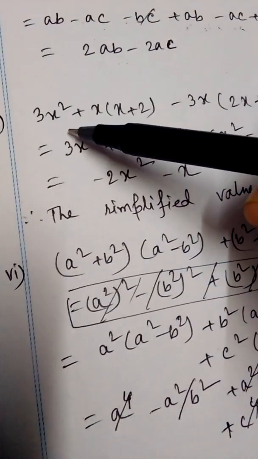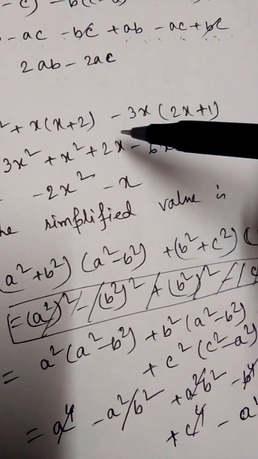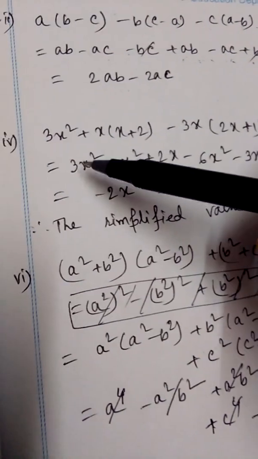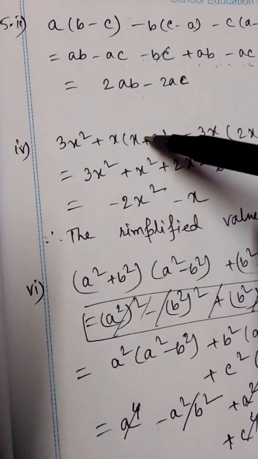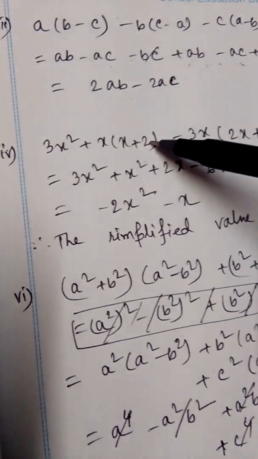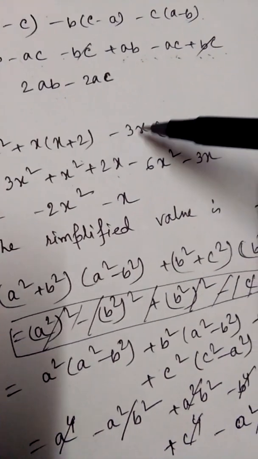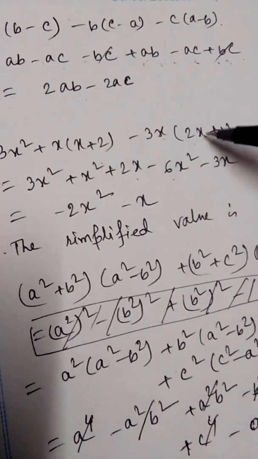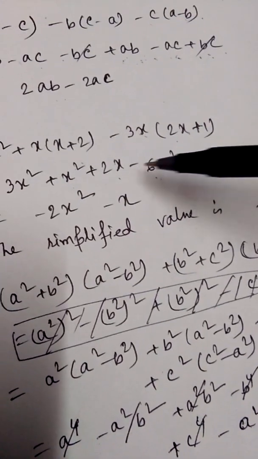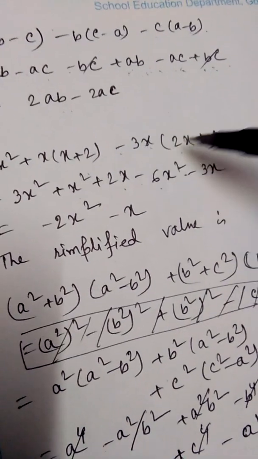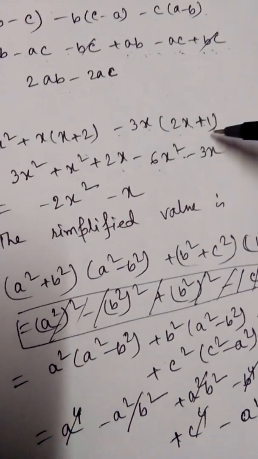Then problem number 4: 3x square plus x into x plus 2 minus 3x into 2x plus 1, equal to 3x square plus x into x, that is x square, plus x into 2, that is 2x, minus 3 into 2, that is 6, x into x is x square, that is minus 6x square, and minus 3x.